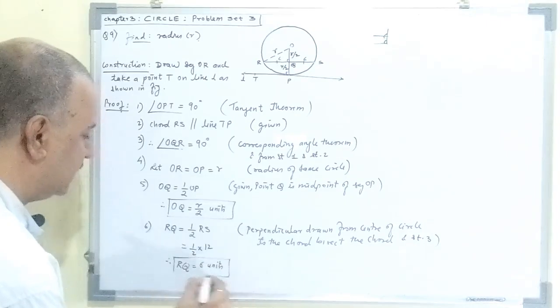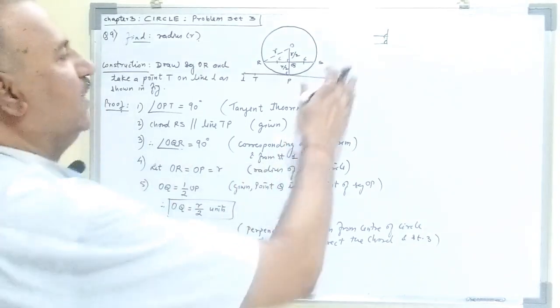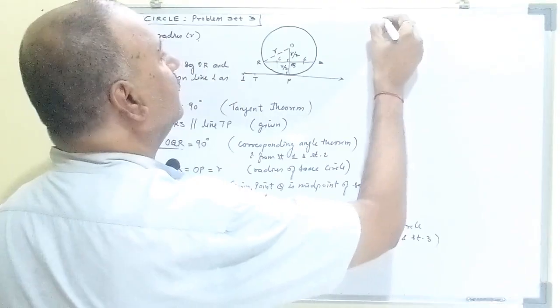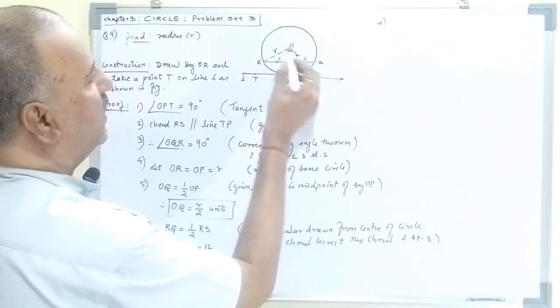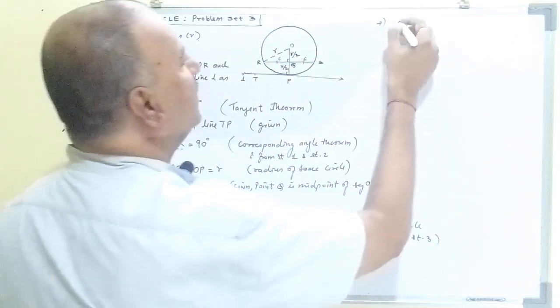अभी हमें पाइथागोरस का इस्तेमाल करना है और कुछ नहीं. And get the value. अब ये ट्राइंगल OQR में R हो गया, R upon 2 और 6 सब वैल्यूज मिल गए.